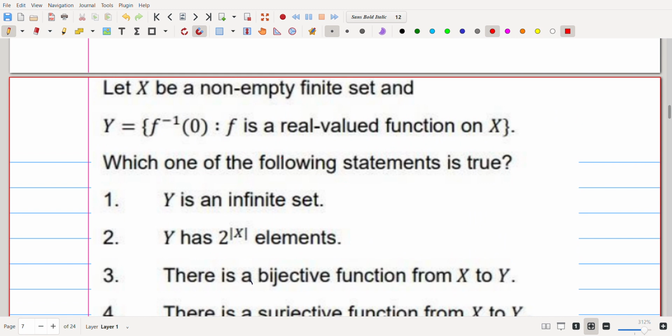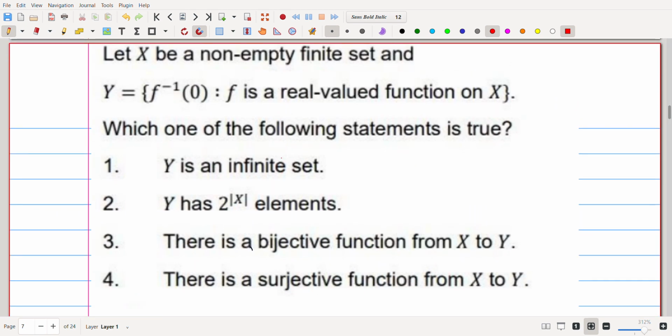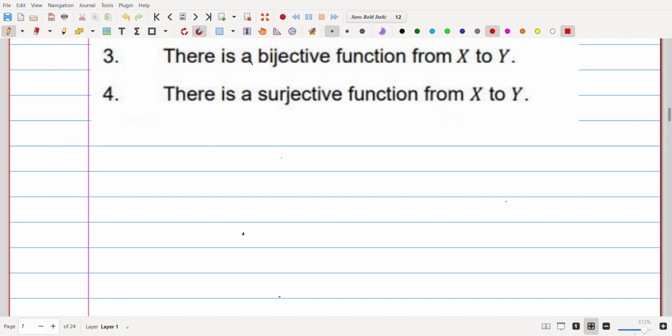So let X be any non-empty finite set, and we are considering a collection Y which is the collection of all f inverse 0, where f is a real valued function on X. Then which of the following statements is true?